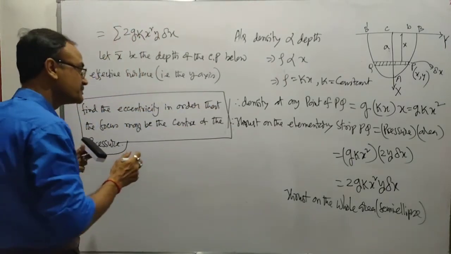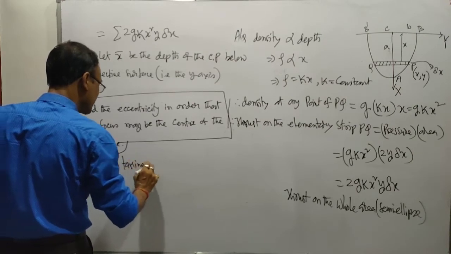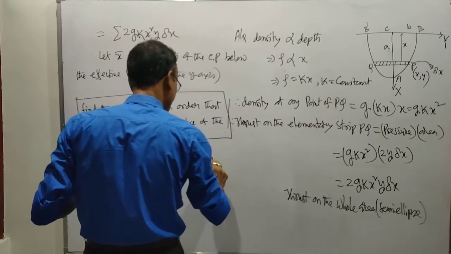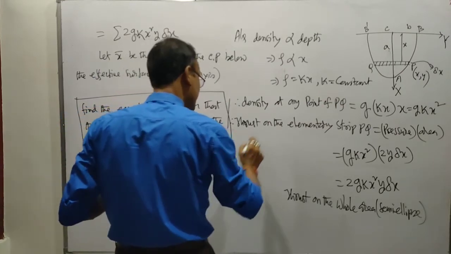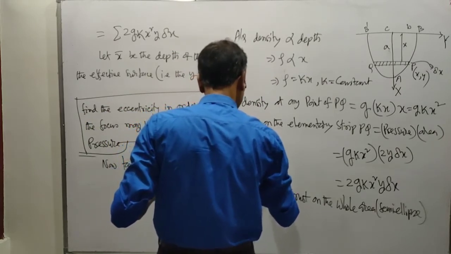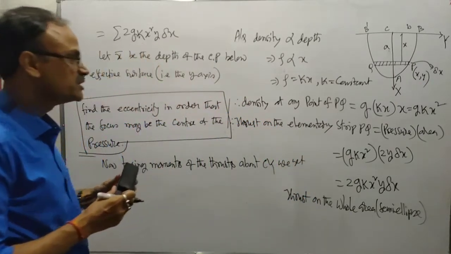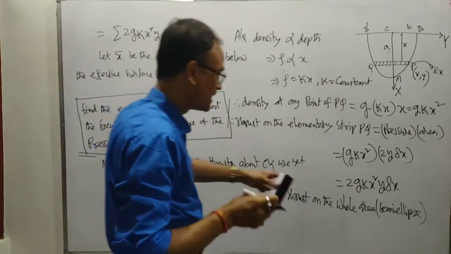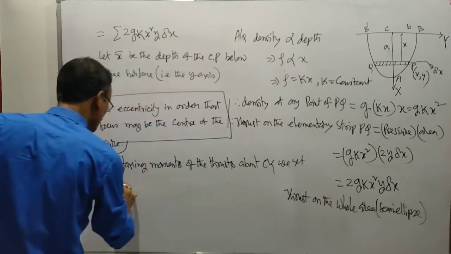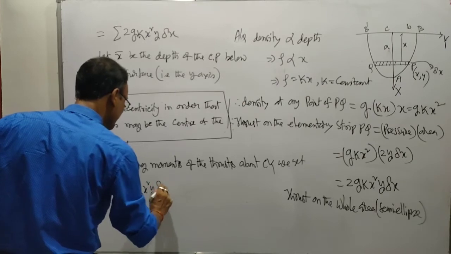Now, taking moments of the thrust about the y-axis, or cy, we get: the thrust on the elementary strip was 2 zk x square y delta x.